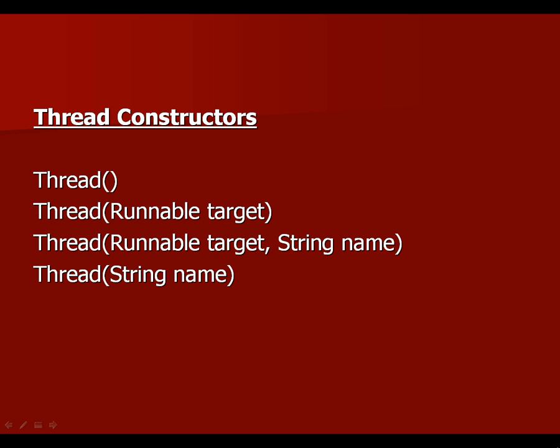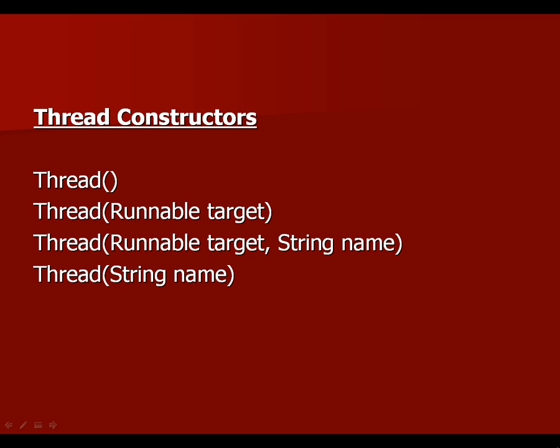Here there are four constructors which are mostly used. The first one is the no argument constructor. Second is it takes runnable as a parameter. Third one takes runnable and the name of thread as a parameter, and fourth one just takes the name of a thread. And for our example, we will use the second constructor, which takes runnable as a parameter. It is more suitable. We can even use the third one, but second one is more suitable and very easy.